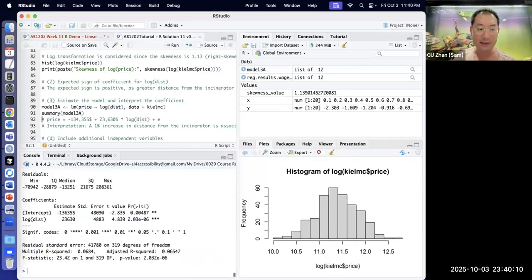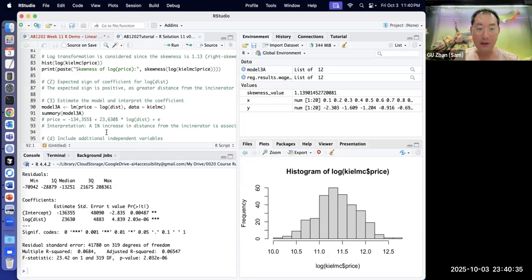So now we have a look at this summary. This model shows the intercept, this amount of money, and this is the log distance, the coefficient beta. So price is a default price, the intercept, plus the distance to this incinerator.